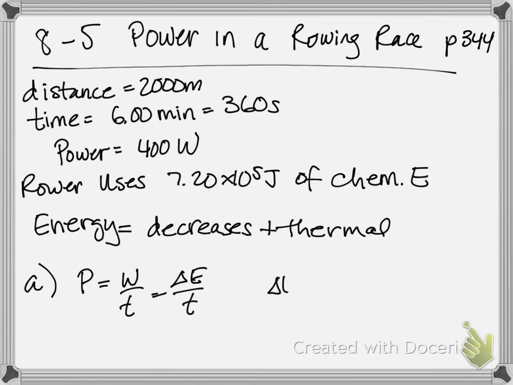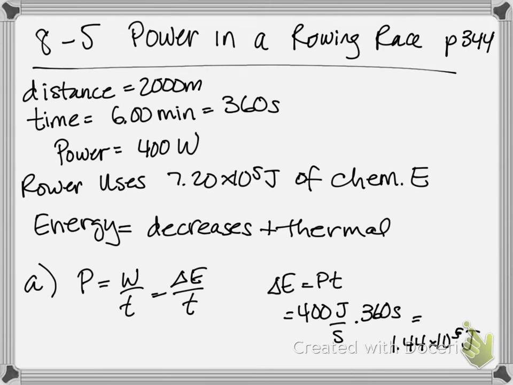So we can solve for the change in energy by multiplying the power times the time: 400 watts, and remember a watt is a joule per second, times our 360 seconds. That's why we had to convert the minutes. That gives us 1.44 times 10 to the 5th joules that the rower is going to expend during this 6-minute race. So that's the change in internal energy for the rower.